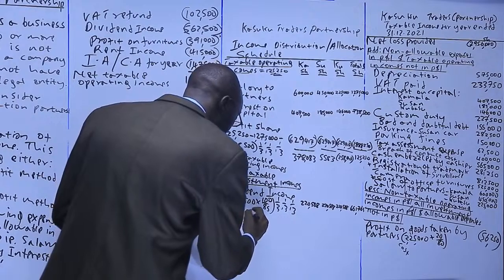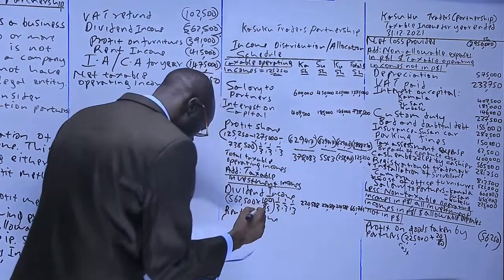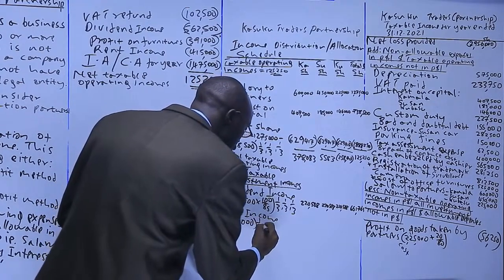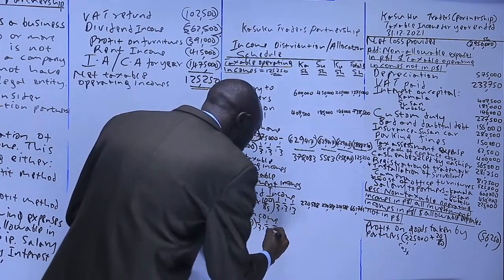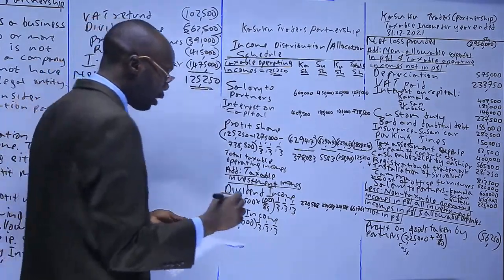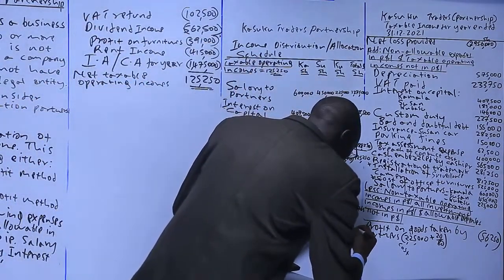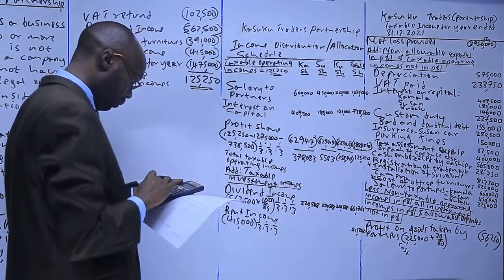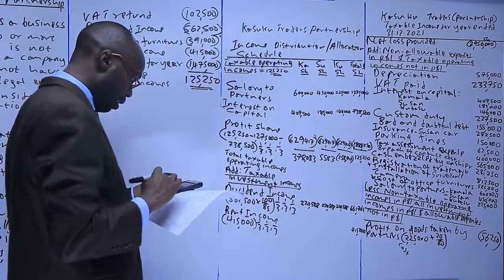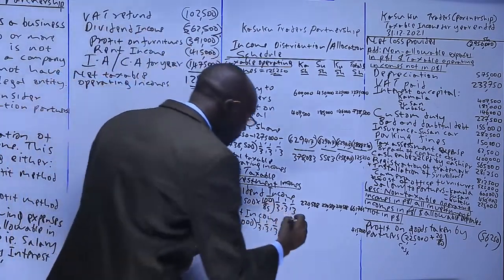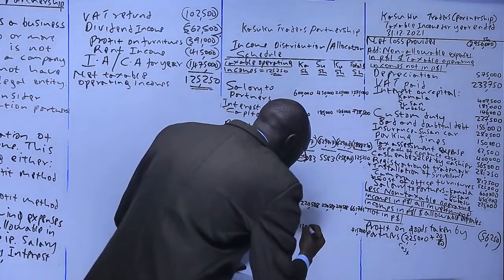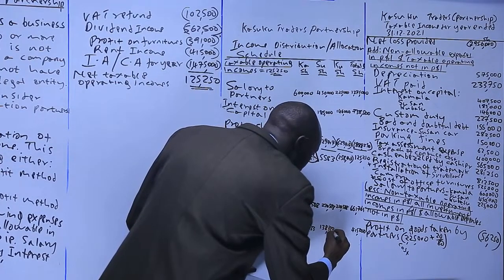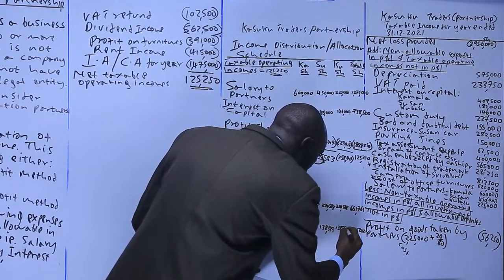So rent income, which we have 415,000, and then profit sharing ratio, each to get a third. So that would be in total 415,000 divide by 3, giving you 138,333.